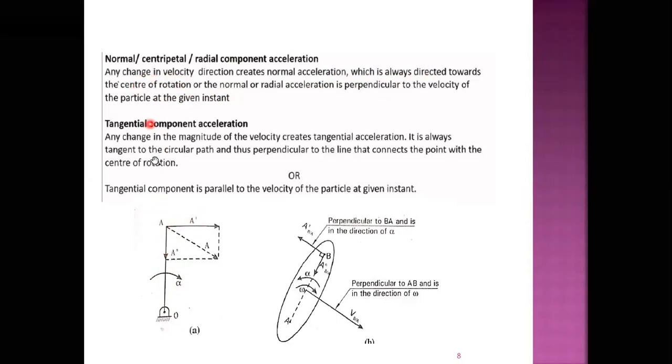It is induced because of the change in the direction of velocity. Tangential acceleration means any change in the magnitude of the velocity. Because of the change in direction of velocity, normal acceleration will be induced.